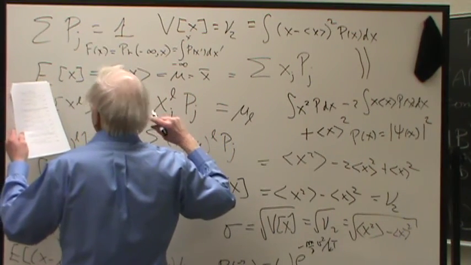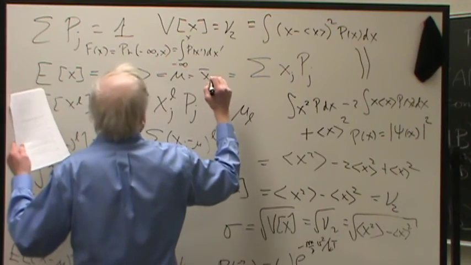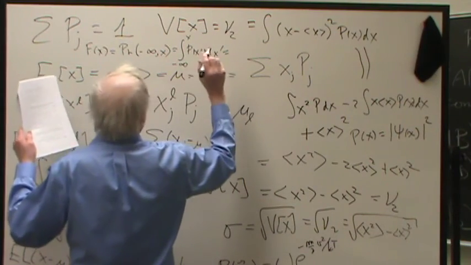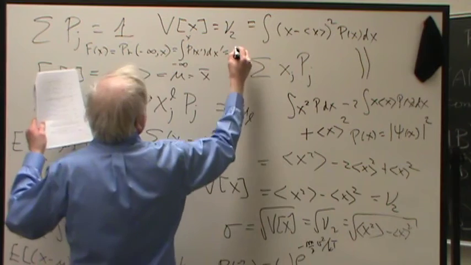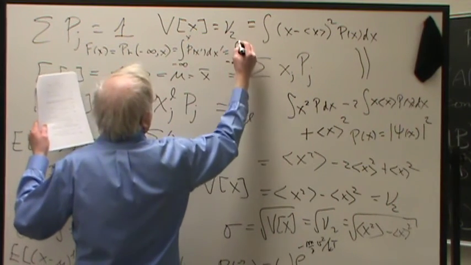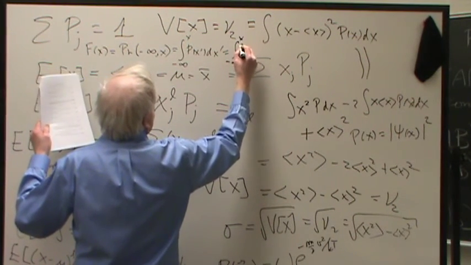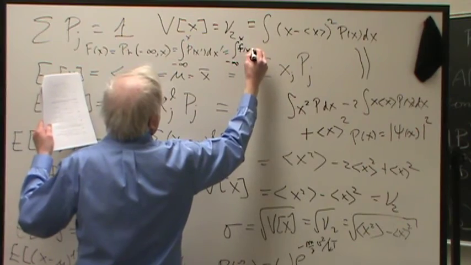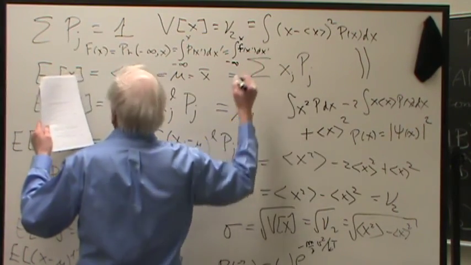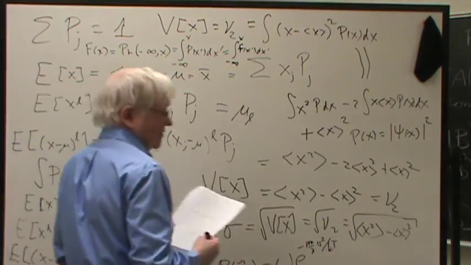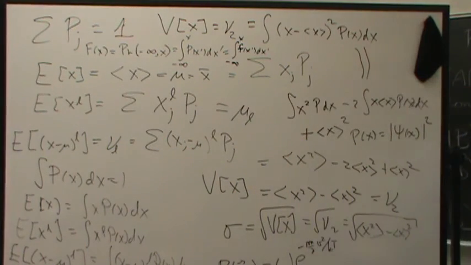And they often use little f for the probability distribution, so in math circles it'll be the integral of little f of x prime dx prime. So that's just to connect with some of the math lingo.